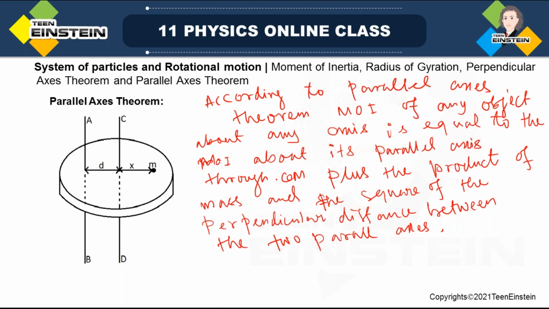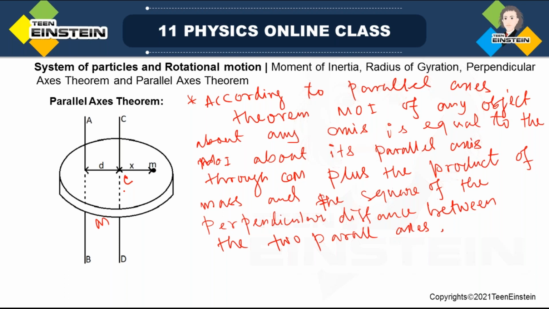I'll just give you the explanation of this particular statement. Let us suppose the mass of the given body is, total mass, capital M, and the moment of inertia about an axis CD, which is passing through the center of mass.